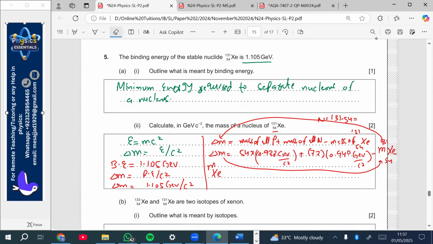Mass of xenon nucleus is, so just multiply them and get the answer like 50.33 plus 72.38 minus 1.105. So the answer is 121.6 GeV over c square. Okay.